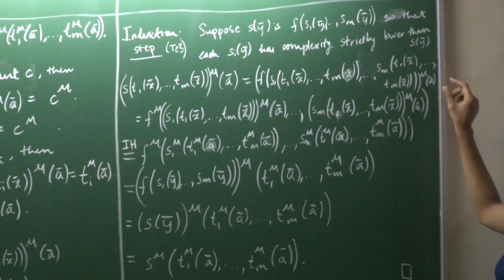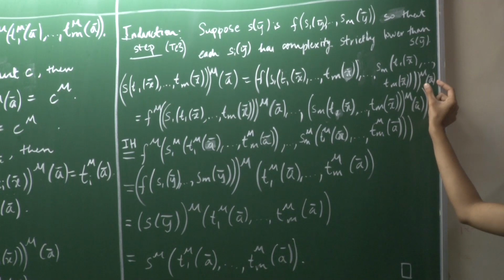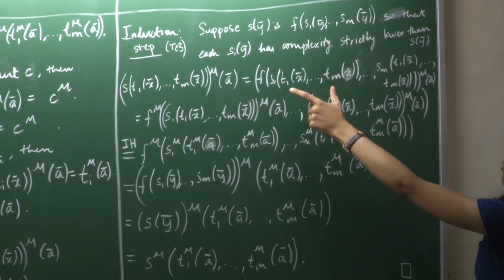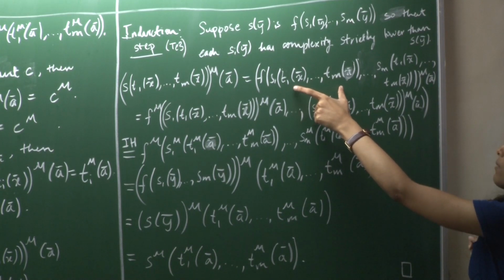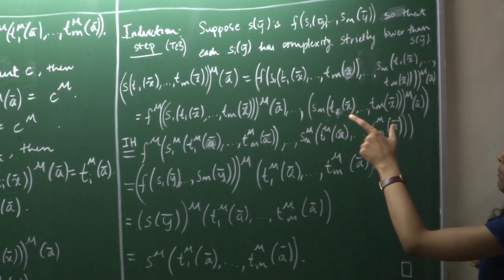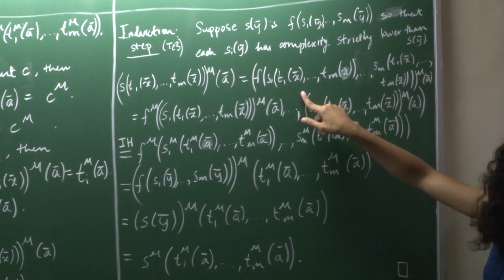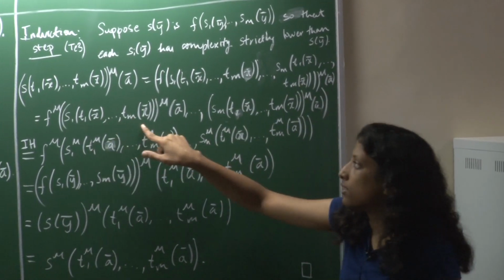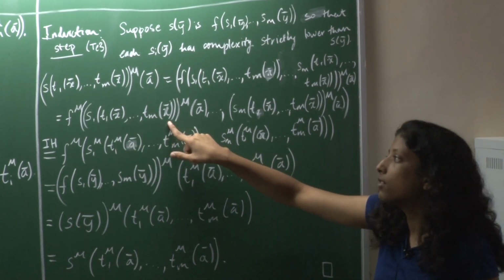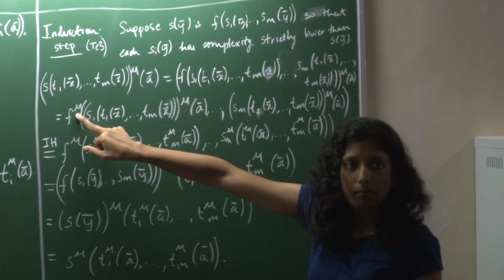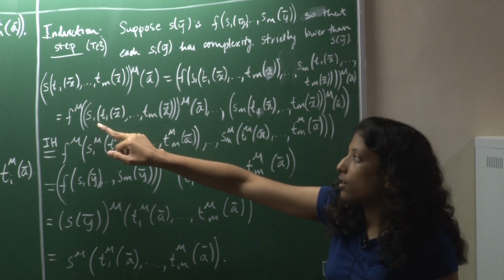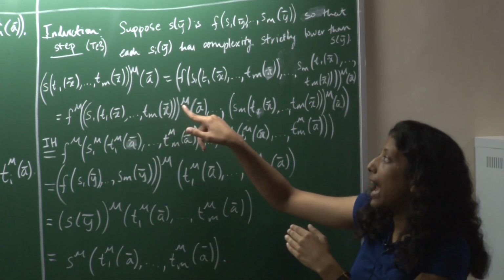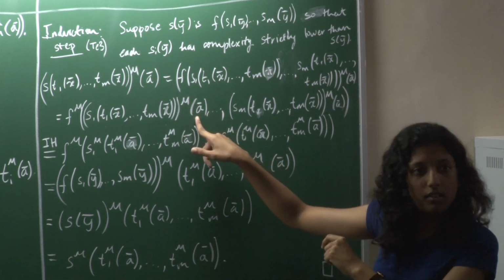And so what does this mean? This will come inside, right? So you have to go to each term inside. I mean, we have just shown that this is a term, so we can do this. You have to go to each term inside and apply this same thing. So you get F in M applied on S1 of T x bar dot dot dot Tm x bar in M at A bar, and so on.